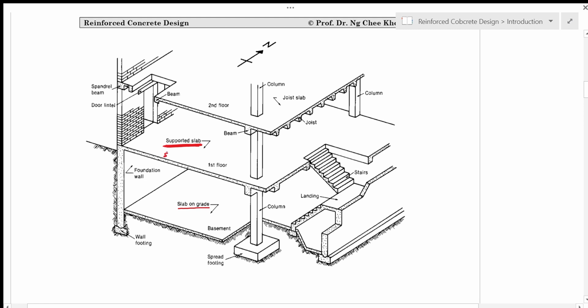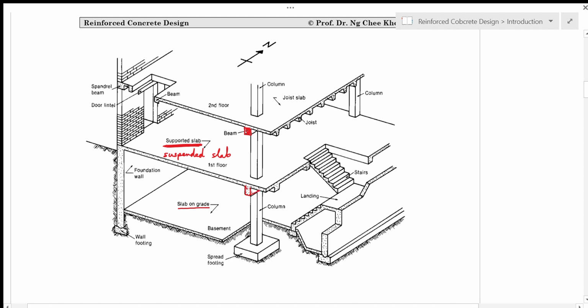Sometimes we call this suspended slab as well, or supported slab. They are called supported slab or suspended slab because they are supported by beams. You can see that these slabs are sitting on beams.